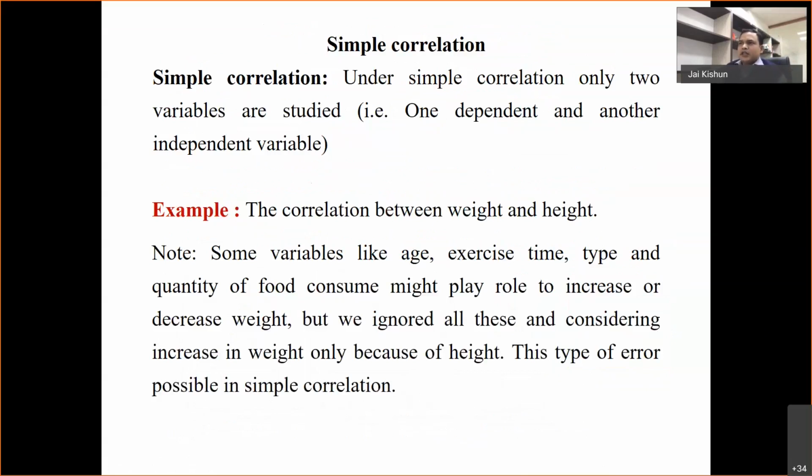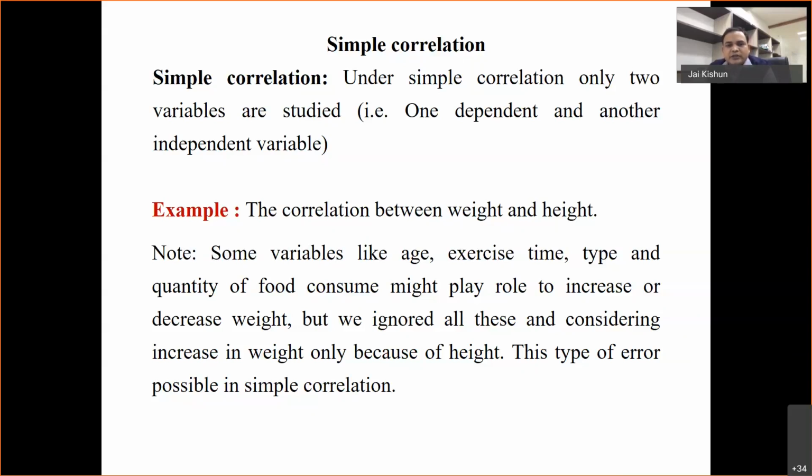Now coming to simple correlation. Simple correlation is when we are studying only two variables at a time. Like the correlation between height and weight. It may be possible that some other factors influence weight, like age, exercise time, type and quantity of food consumed.